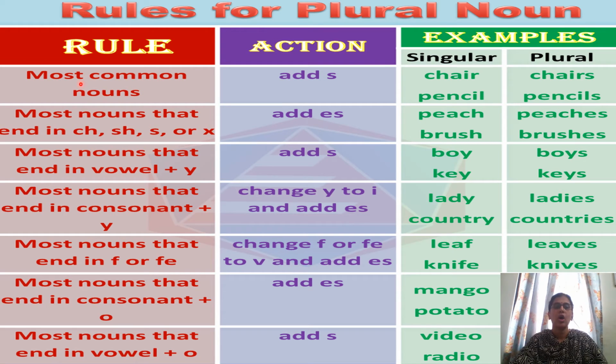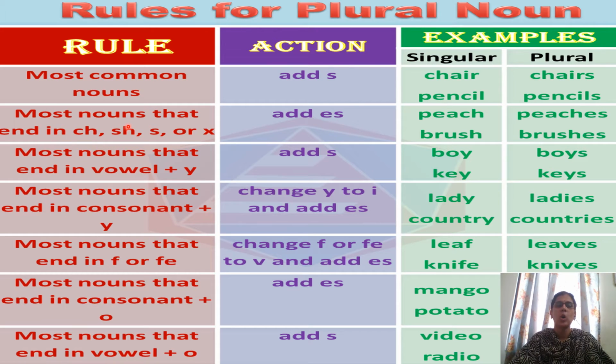Let us see here. Most common nouns, what do we do? We add S. So we have an example here. Chair is a common noun. Pencil is a common noun. So for them to be plural, we add S at the end of the word, it becomes chairs and pencils. So this is your first rule.